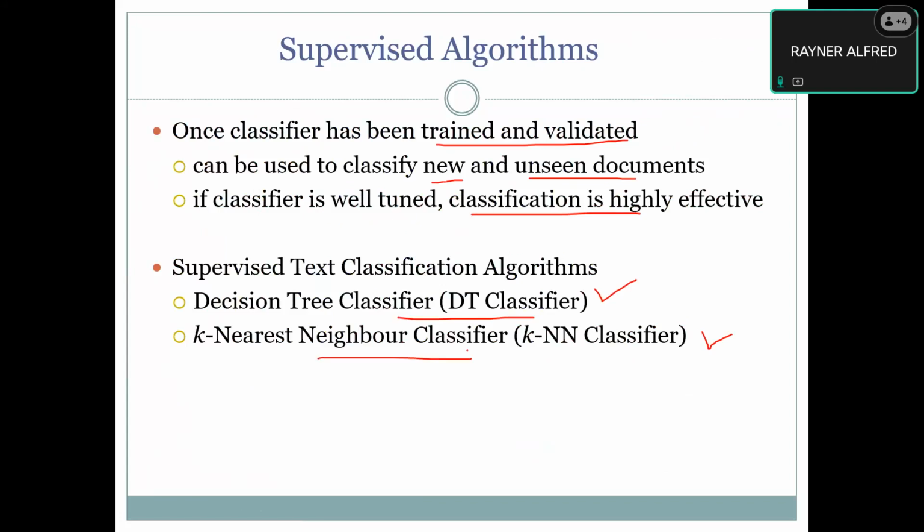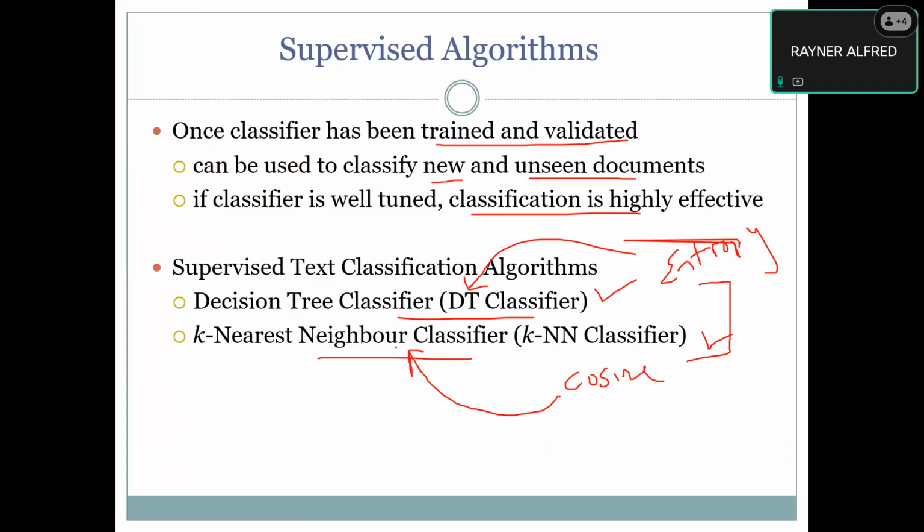These are two of the most common algorithms used for text classification. The reason these are chosen in this course is that we have learned about entropy and also the cosine function. The entropy is used by the decision tree algorithm, and the cosine function is used by the KNN classifier.